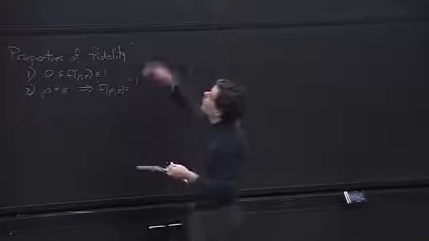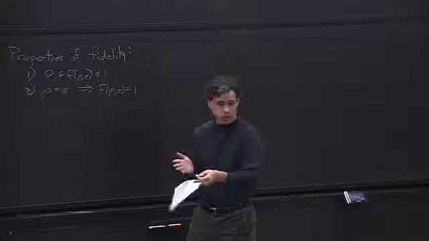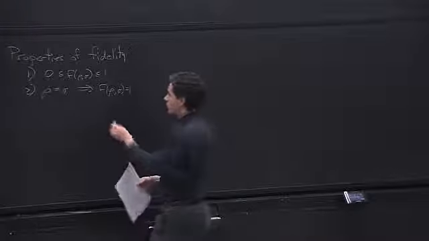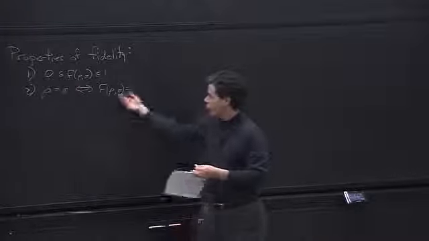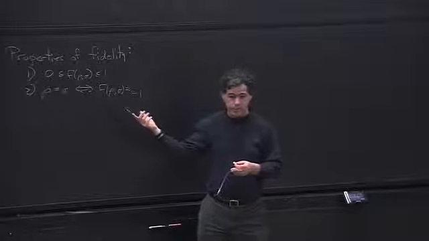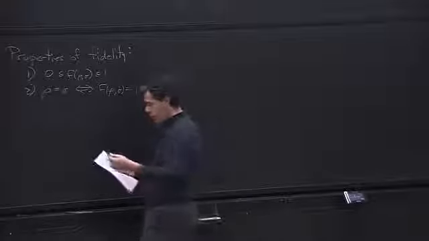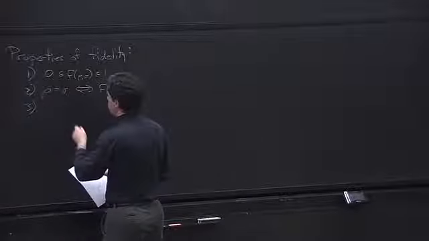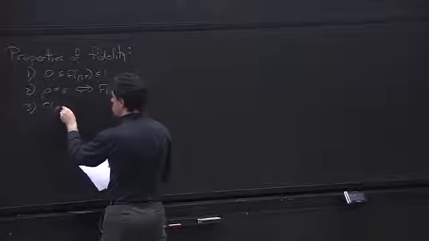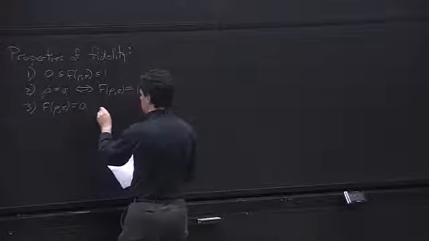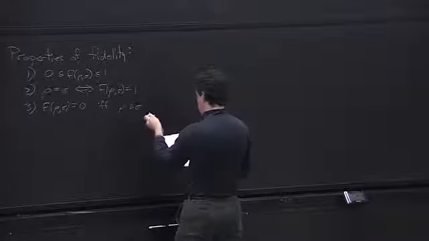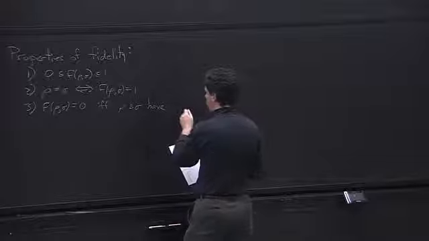So that's the same, remember, as in the pure state case, where if the inner product is 1, the two states are the same. But actually, this also goes the other way, also like in the pure state case. So if the fidelity of two mixed states is 1, then that means that the states are the same. And then on the other end, when the fidelity is 0, that's true if and only if rho and sigma have support on orthogonal subspaces.